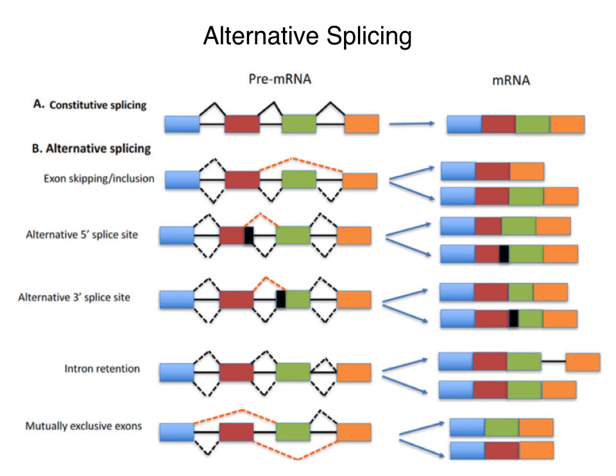Sometimes introns can be retained, and sometimes there can be mutually exclusive exons. Basically, what I'm showing you here is that the same gene can be transcribed, but then the processing of the messenger RNA can proceed in a number of different ways that give us different mRNAs.